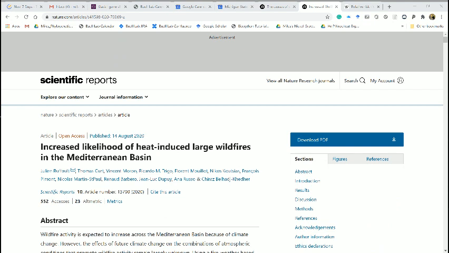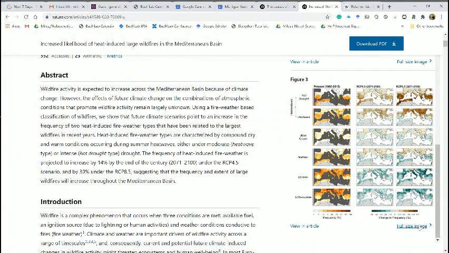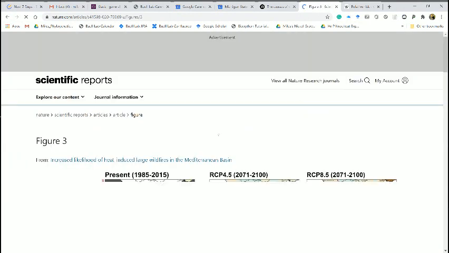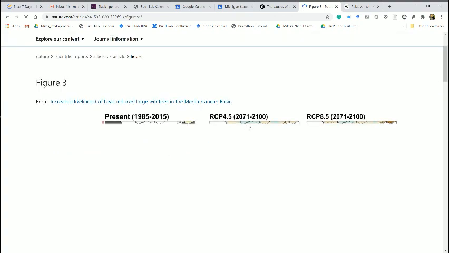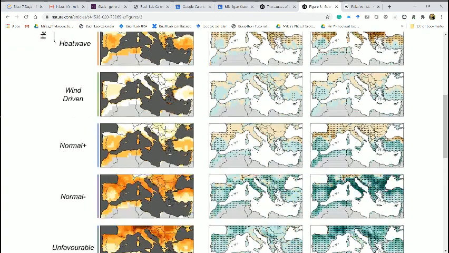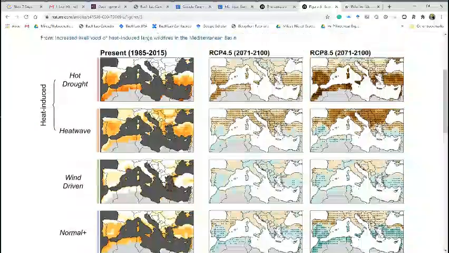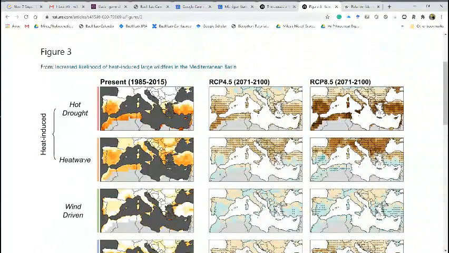All right, look at one more figure, then we'll call it enough climate change learning for the day. Okay. Figure 3. This looks cool. A nice little map. Okay. So now we have drought and heat wave.